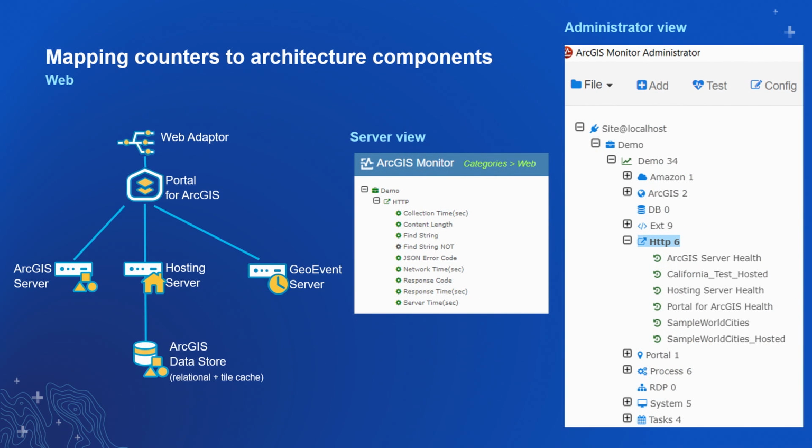So the same with web. When you have a web application, we want to simulate the heartbeat and monitor. There are a lot of counters here, not just response time, but content length. Many of you know that our software will return 200 even though the map is not there.